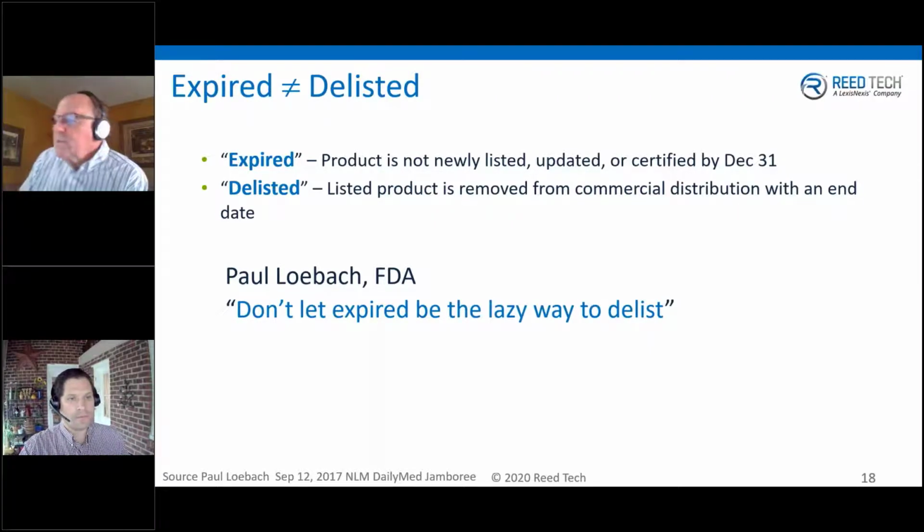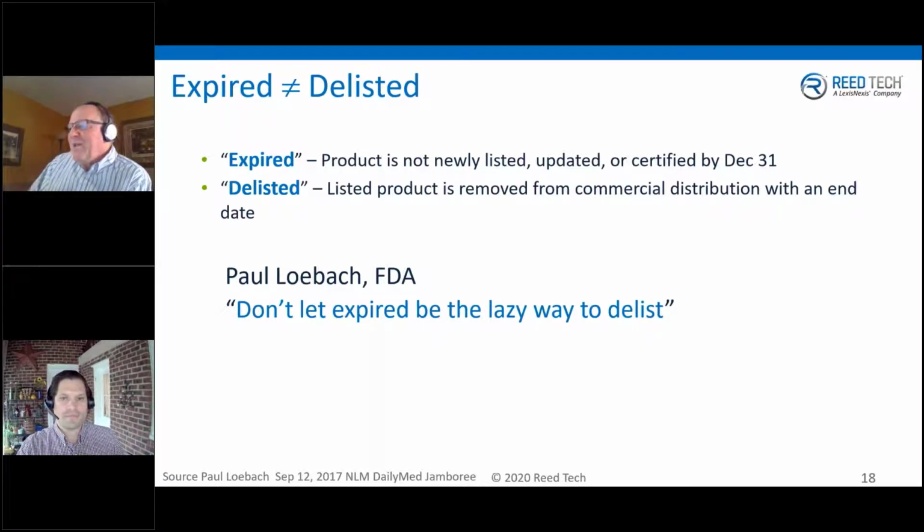There's one other thing I'd just like to pass on. Back in 2017, when blanket no change was being rolled out, Paul Novak at the FDA mentioned that some companies would just let their product go into expire status and not delist.